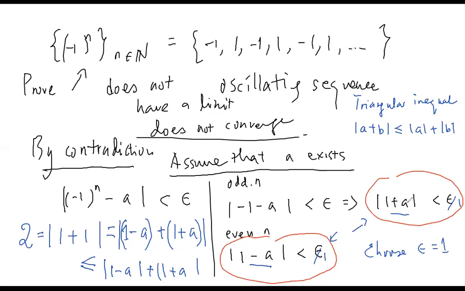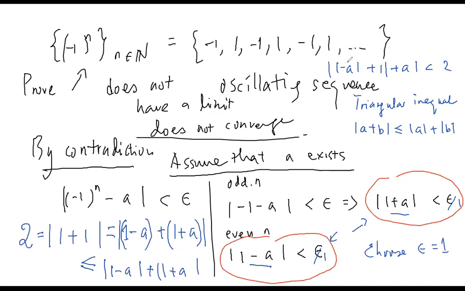Now, if you set it to be 1 to make it easy, then you know that the absolute of 1 plus A is less than 1. So what do you have? The absolute of 1 minus A plus the absolute of 1 plus A will be less than 2, right?